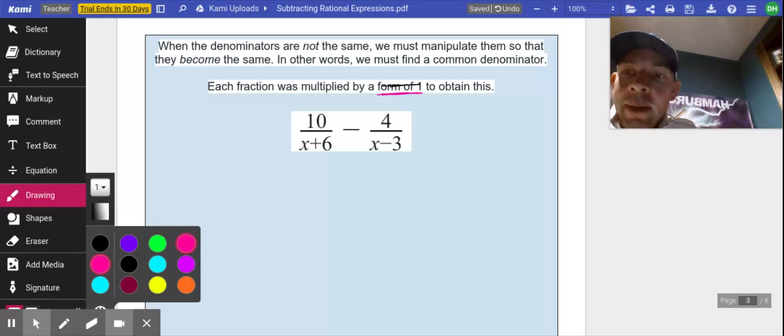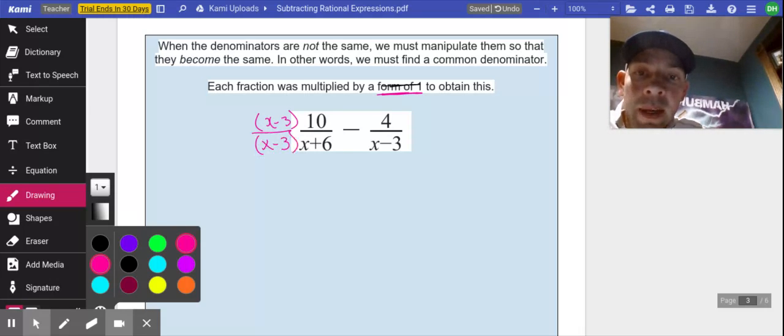I look at these denominators, and I don't think I can factor anything. I make sure I use the proper vocab here, of course. So I'm going to multiply the first one by x minus 3 on the top and the bottom, and I'm going to multiply this one by x plus 6 on the top and the bottom.